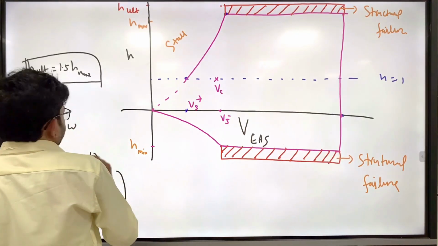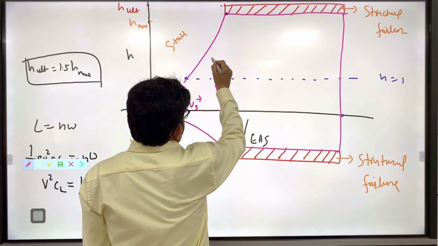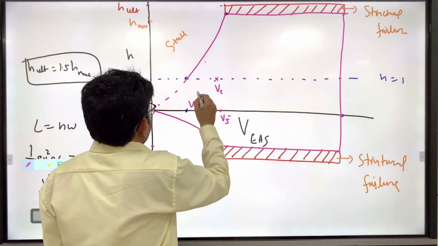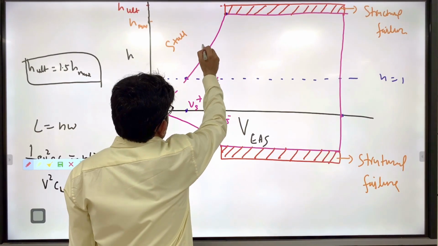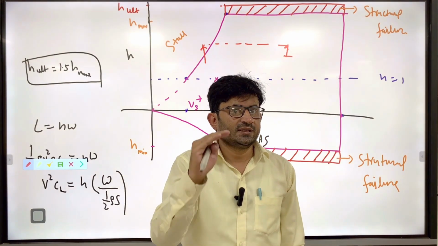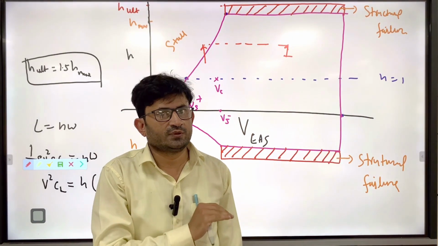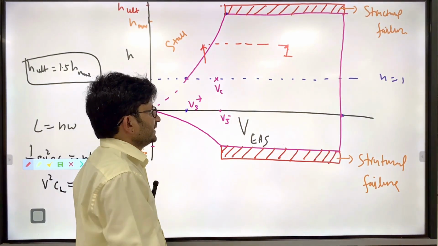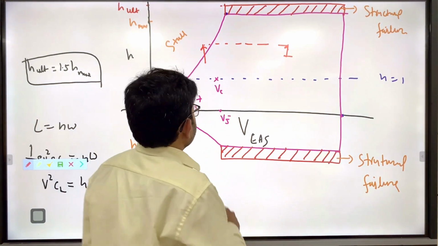What I'm trying to say is, if you are flying very close to stall and a gust comes, you can go out of the limit. If you fly at a higher speed, the effect of the gust will be minimal, and you will be inside the envelope only. That is how a fighter aircraft can sustain a gust. But a small light aircraft flying very low is very sensitive to gust.